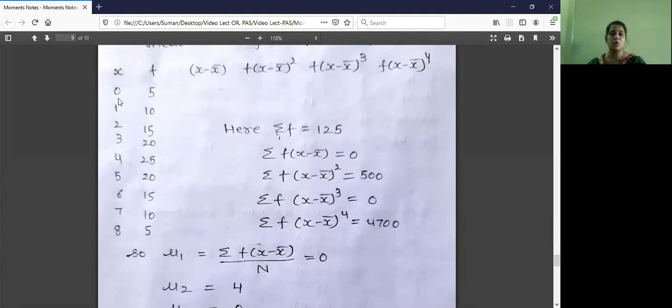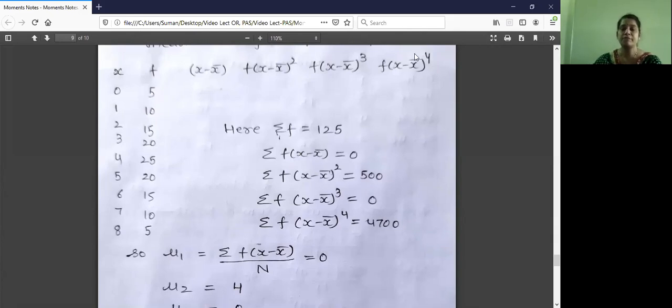After that, we make the table. The first column is x minus x bar, because we need it for the first moment. The second is f times x minus x bar whole squared, the third is f times x minus x bar whole cubed, and the fourth is f times x minus x bar whole raised to the power 4.